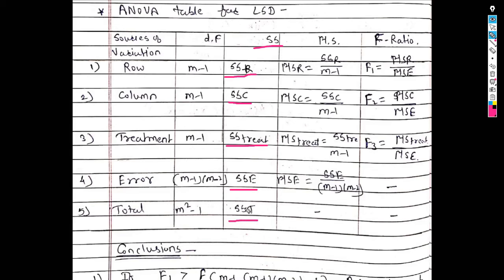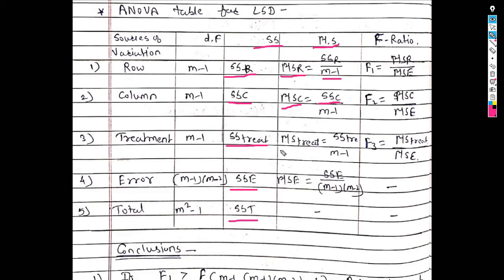So with the help of these sums of squares and degrees of freedom, we get the mean sum of squares. Mean sum of squares for row is denoted by MSR and is defined as SSR upon its degrees of freedom m minus 1. Mean sum of squares due to column is denoted by MSC, defined as SSC upon m minus 1.